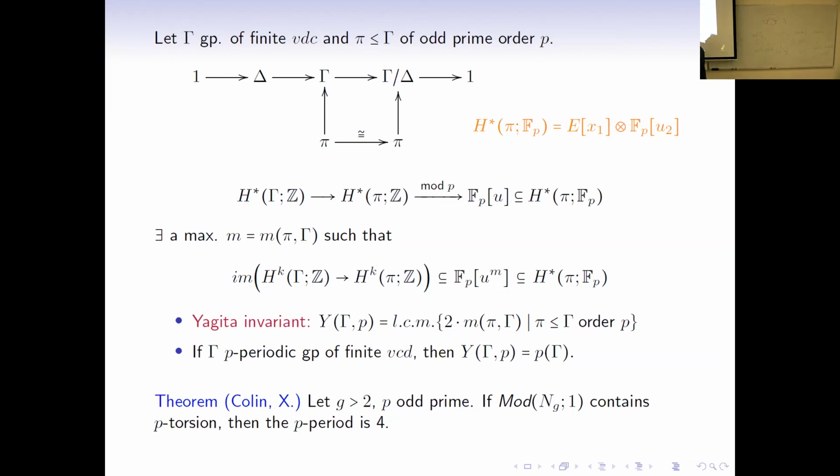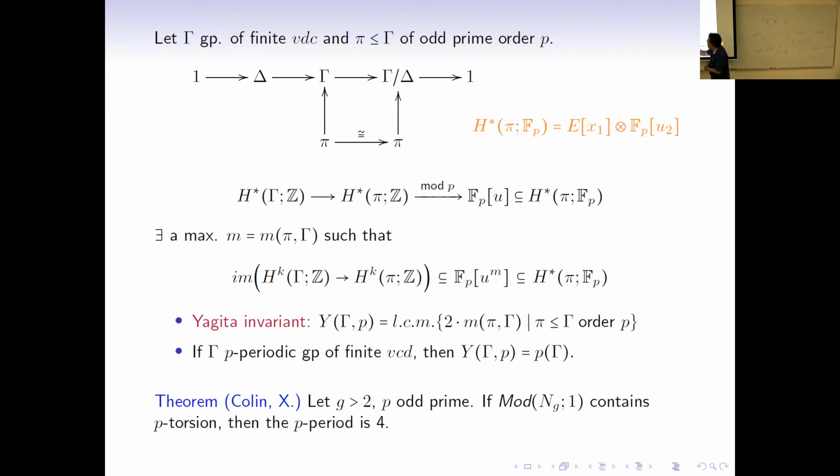So we know that gamma contains a torsion-free subgroup of finite index, right? Then a subgroup of finite order p maps isomorphically to the quotient, right? And we know what the cohomology of this group looks like: it is just exterior on a class of dimension 1 times polynomial on a class of dimension 2.